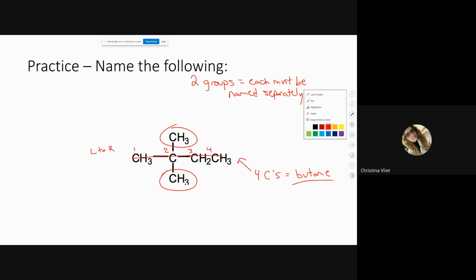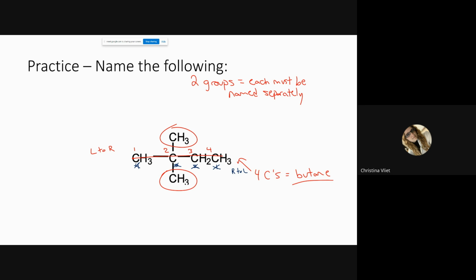And if I went right to left, my substituents would be on carbon 3. You're like, Missy, why are you even bothering? Because there'll be a time where right to left is the correct way to go. So it's not correct here because it's not the lowest number direction. And you could do that in your head. Once you get good at it, you can just trace it. Like go 1, 2, 3, 1, 2, 3. Which one's the lowest number? Got it. 2 is the lowest number here, right? So we're going to be numbering left to right.